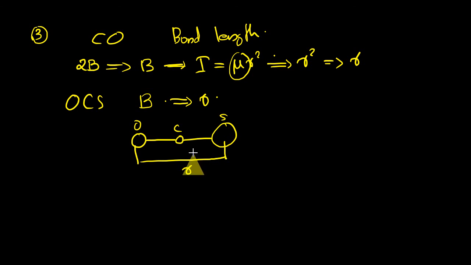What we have to do is take the microwave spectroscopy of this OCS molecule. From that we will get a moment of inertia I value. Now what we can do is that instead of O16 here, we can substitute with O18.